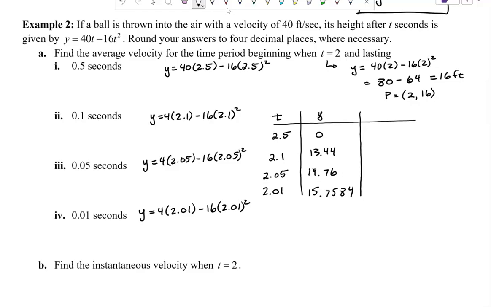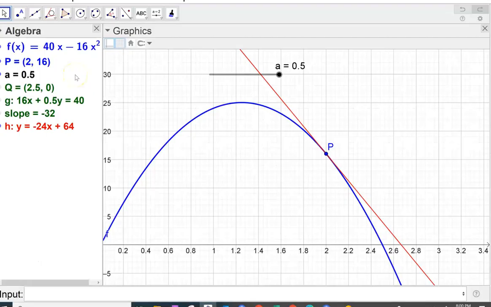Let's take a look at the graph to see how this works. So here again, we have our function in blue, f of x equals 40x minus 16x squared. Remember, for this problem, instead of x's, we're using t's. And you'll notice that we have a tangent line again at the point P, which is at 2, 16. Now, in the problem, it tells us that velocity is measured in feet per second, feet over seconds.